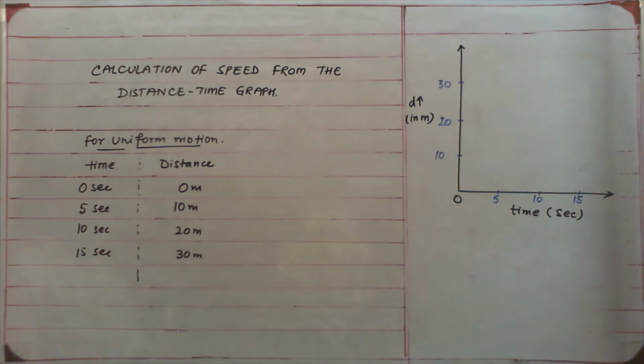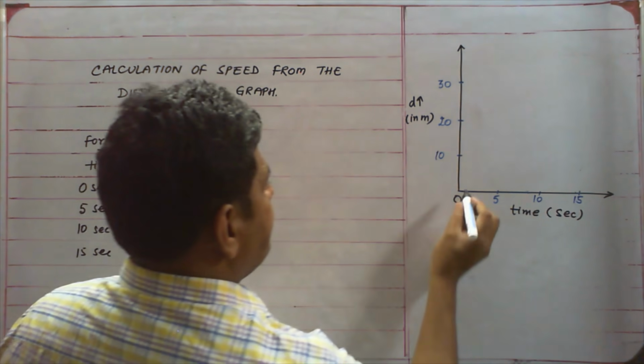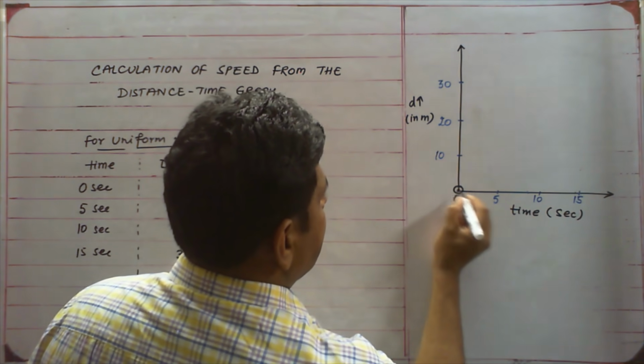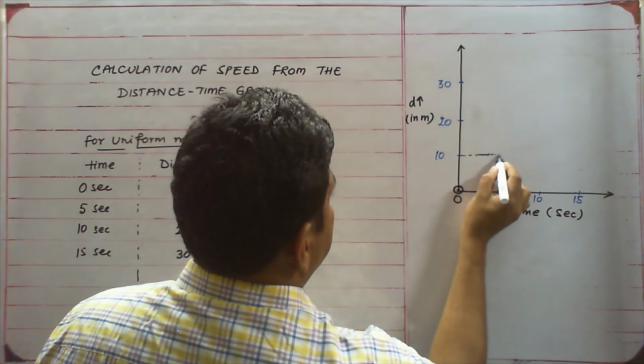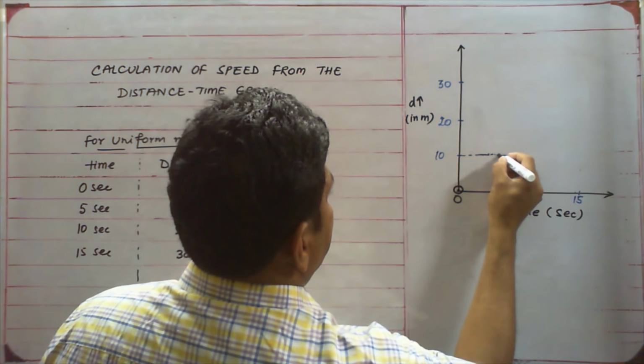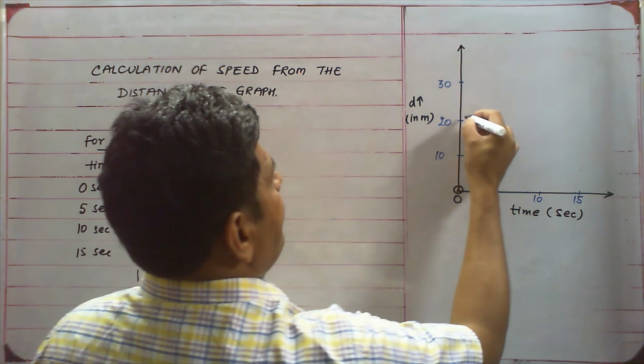Okay, so at 0 second the distance covered is 0. At 10 seconds we have already drawn this, we are just drawing it again.